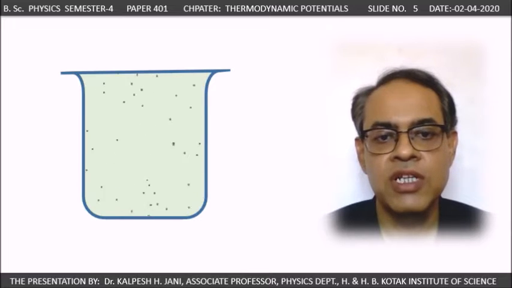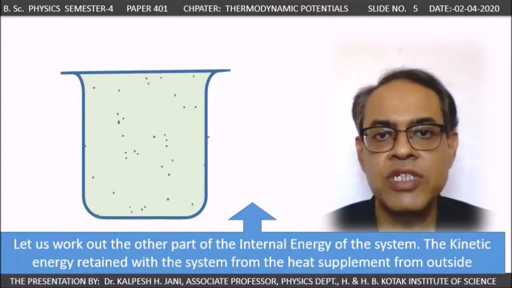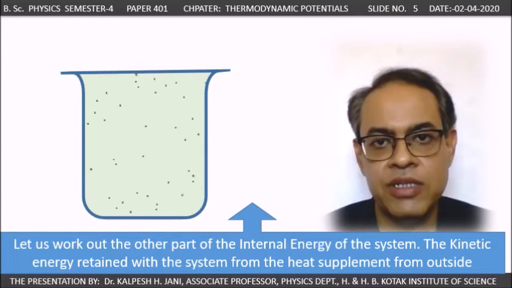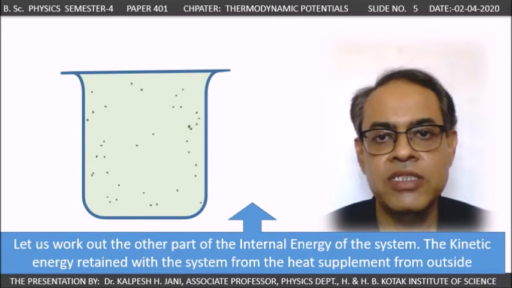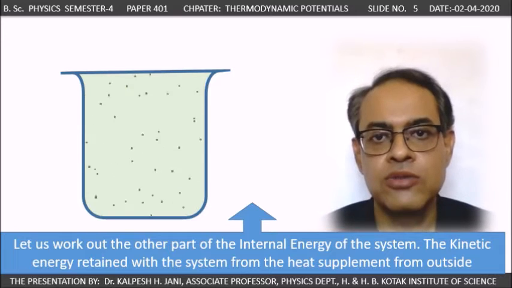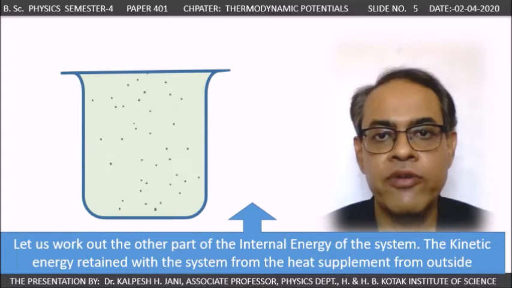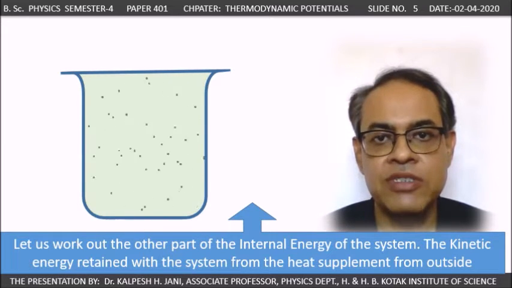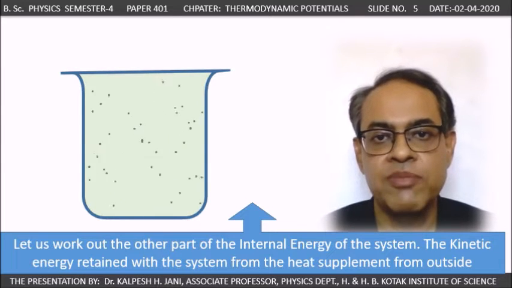So now we shall actually calculate the other part, which is nothing but the energy retained with the system when we supply heat from outside. So how to calculate this energy which is retained with the system with the heat supplement?